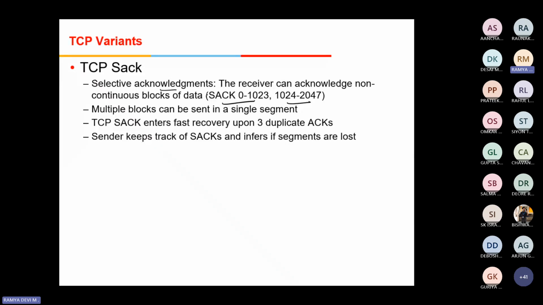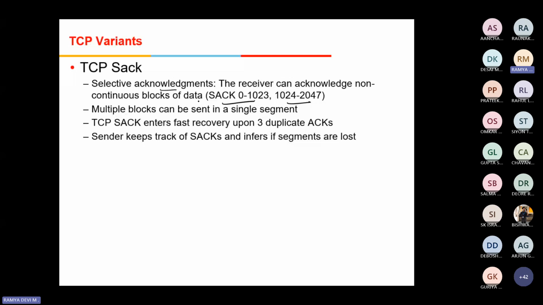All of this can be identified with the help of an acknowledgement. So this enables the sender to retransmit only the lost packets. Instead of retransmitting the entire window of data, only the missing packets will be sent. This was the limitation in Reno that is rectified in TCP SACK.